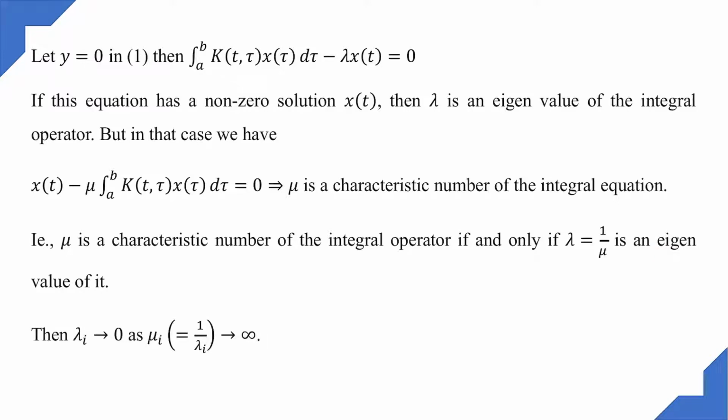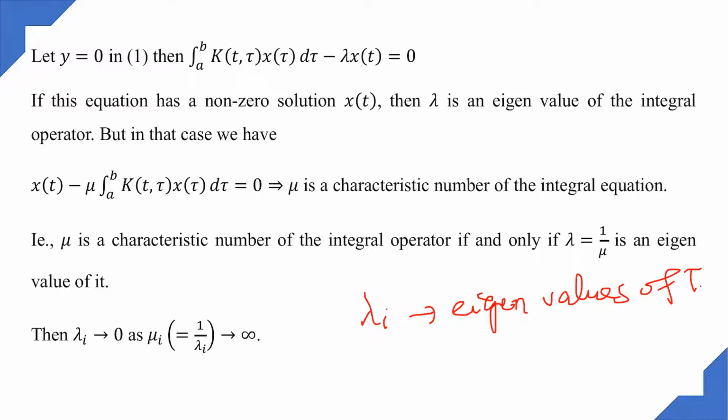And we know that lambda_i converges to 0 as mu converges to infinity, where the lambda_i's are the eigenvalues of T.